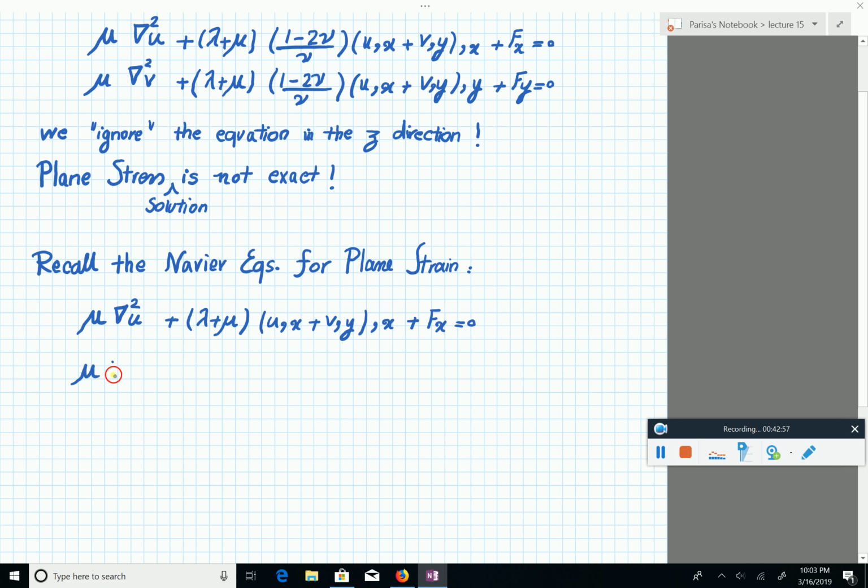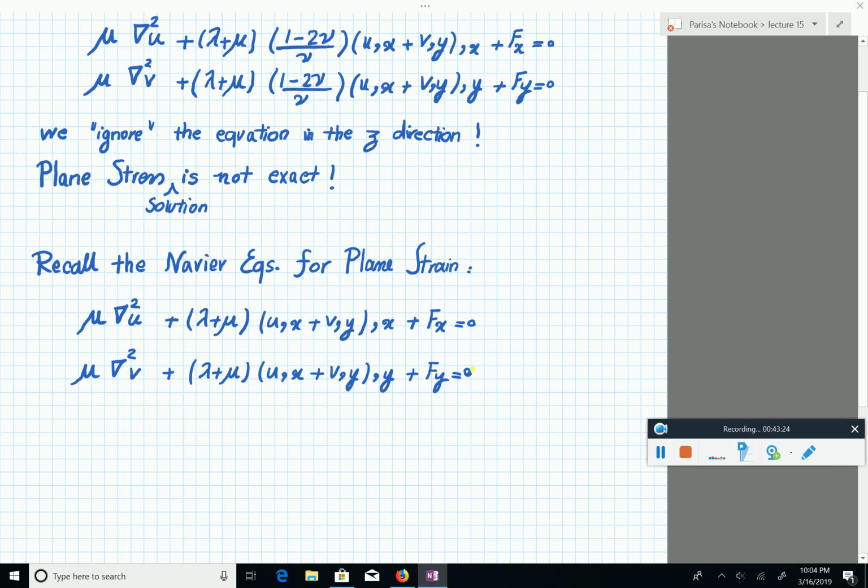Mu Laplacian v plus lambda plus mu times (u,x plus v,y),y plus fy equal to 0.